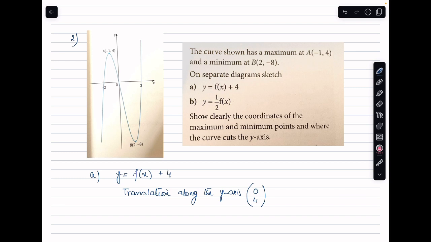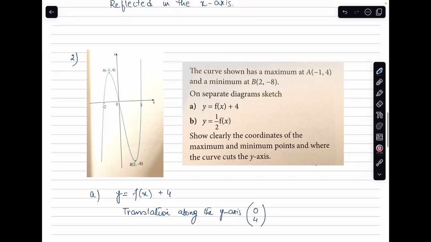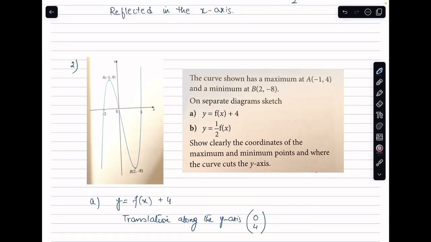Therefore, what I should know is that all the vertical coordinates, the y coordinates, need to get translated by 4 units. So if this was at 4, then 4 more units need to be added, meaning it should go to positive 8.